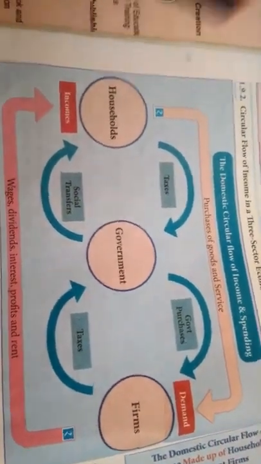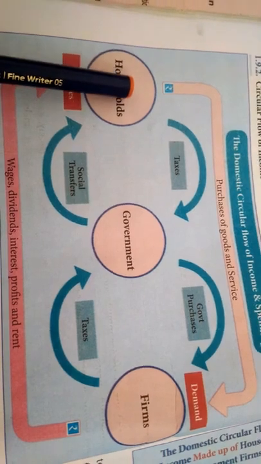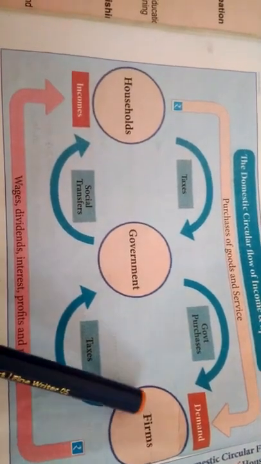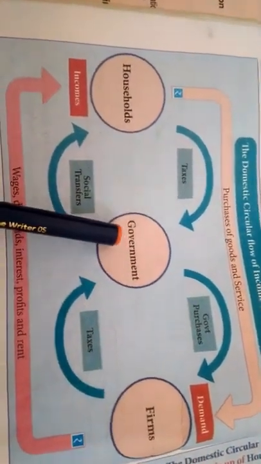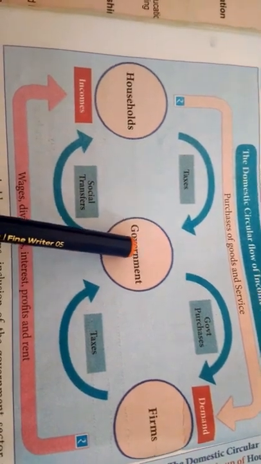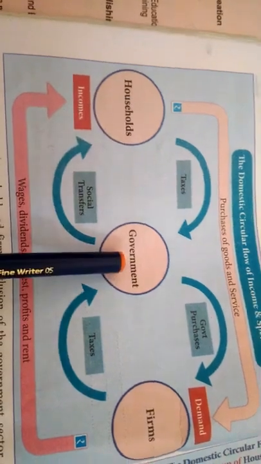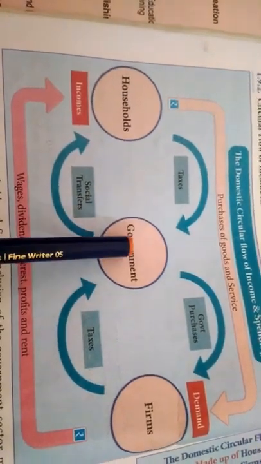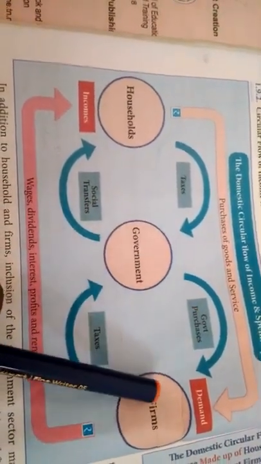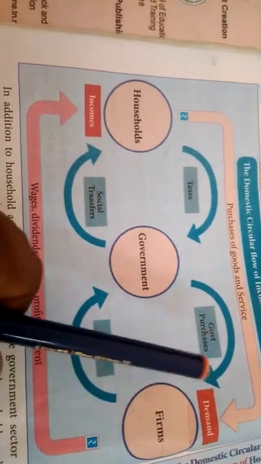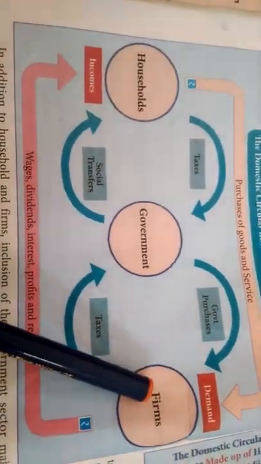So the household sector and the firms need the government, and the government depends on the firms and household for tax payment and for purchasing the commodities produced by the firms.